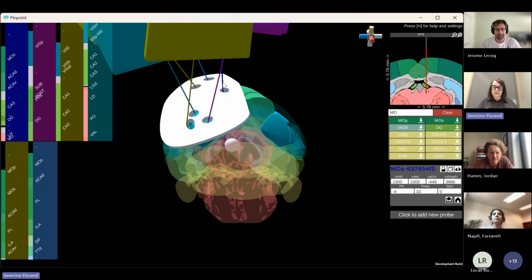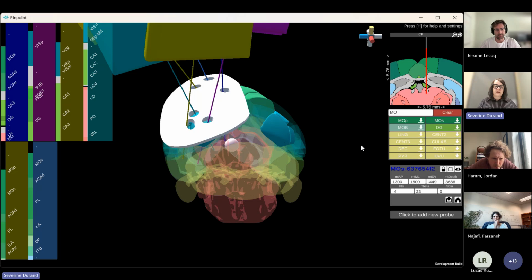If I do this one, you see there's another insertion. I can see that I'm crossing MOP and ACA. Here is a summary of the areas crossed by each probe with the color code of each probe. You can add as many probes as you want.